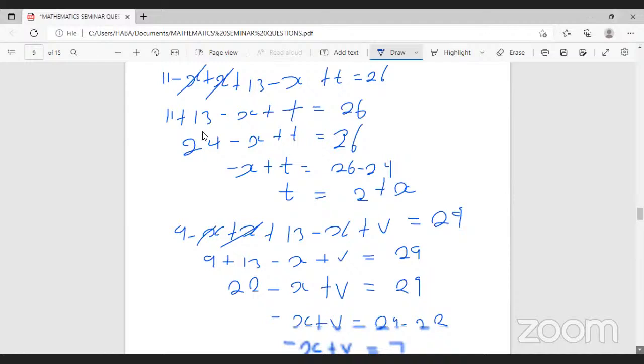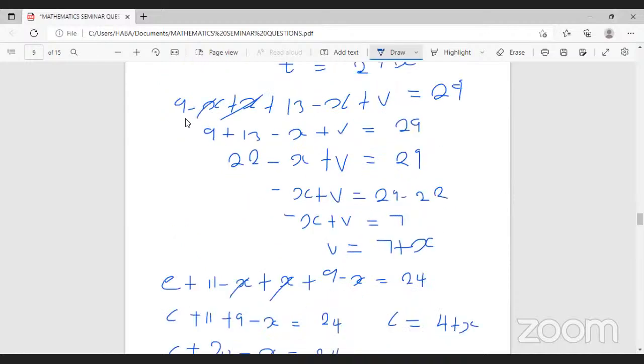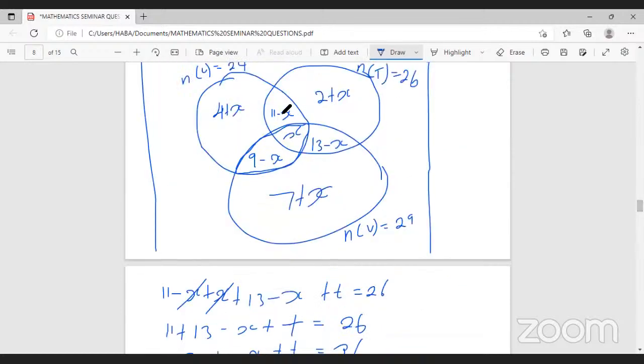Variable, say it was 9. 9 minus x plus x plus 13 minus x plus v. So if we get to the diagram here, we pick out for this circle here. Remember this one wasn't there at first.